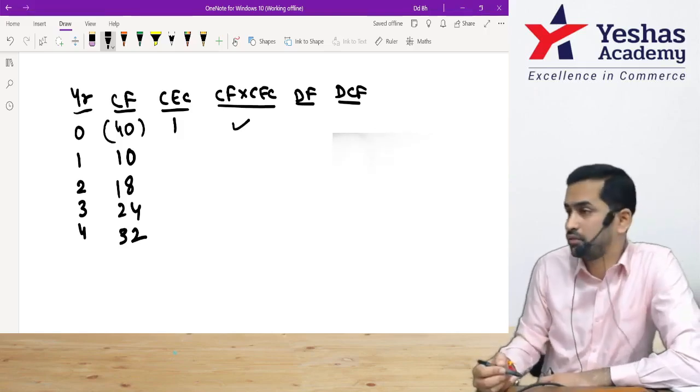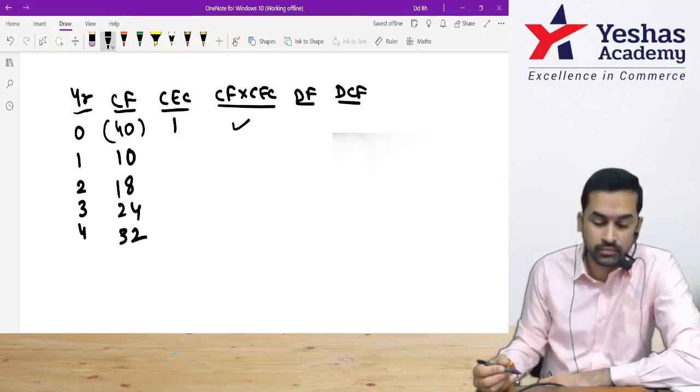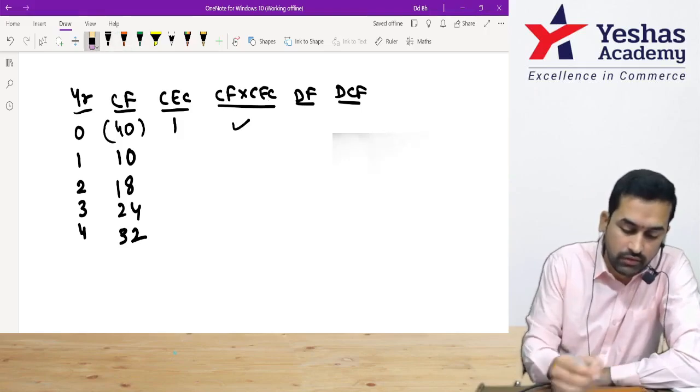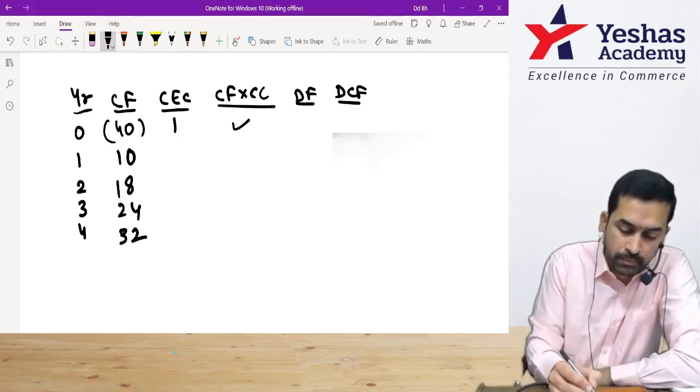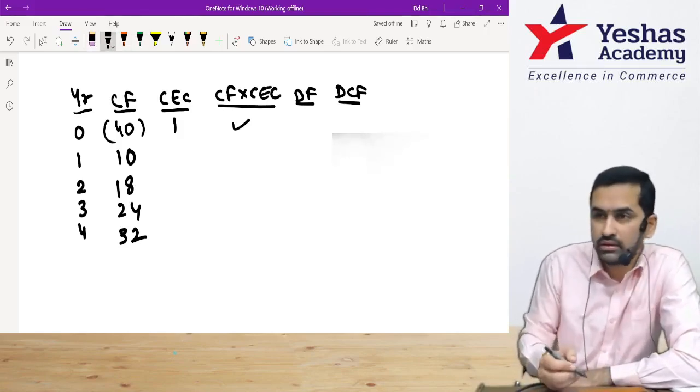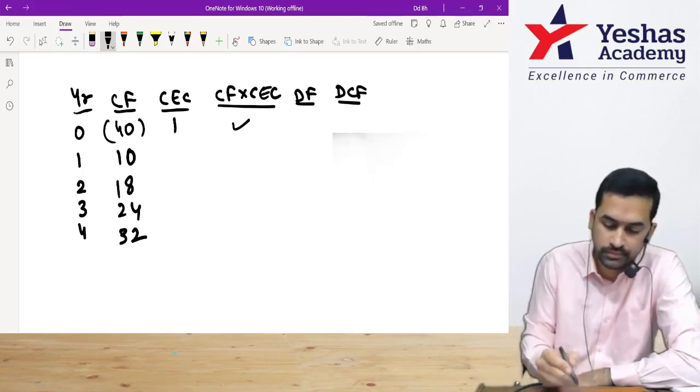Multiply, you get cash flow into certainty equivalent coefficient, that is then multiplied with the discounting factor.